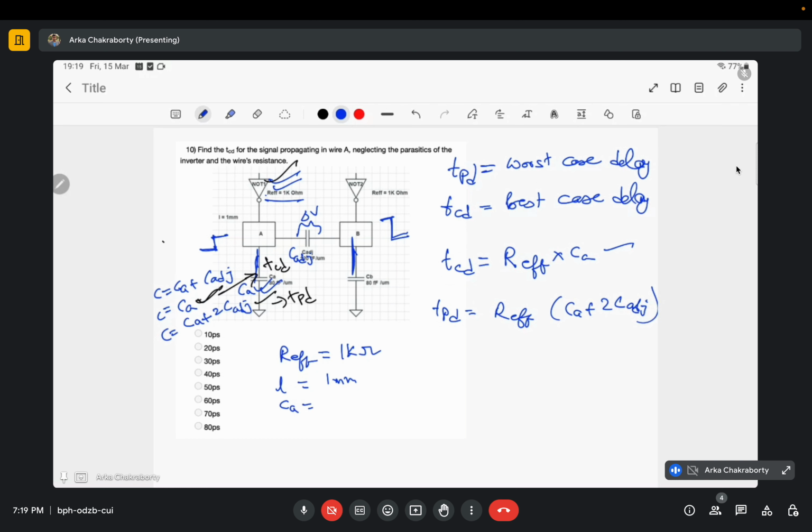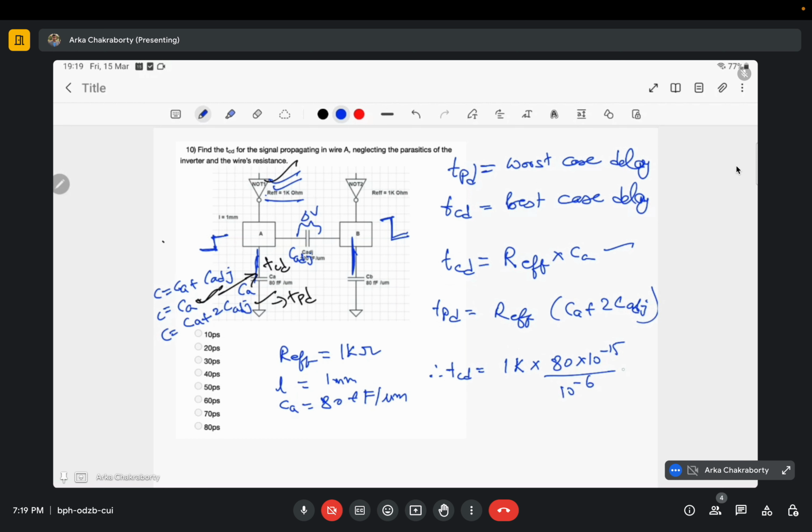Ca is given as how much? Ca is given as 80 femtofarad per micrometer. Therefore the contamination delay would be R effective, that is 1 kilo, into Ca. Ca is 80 into femto, that is 10 to the power minus 15, per micrometer.